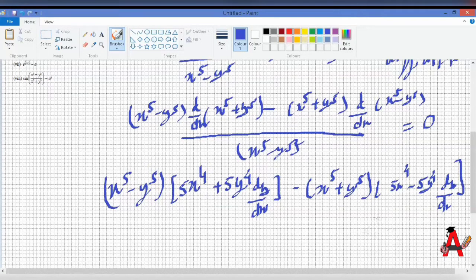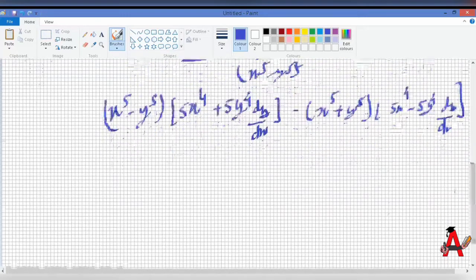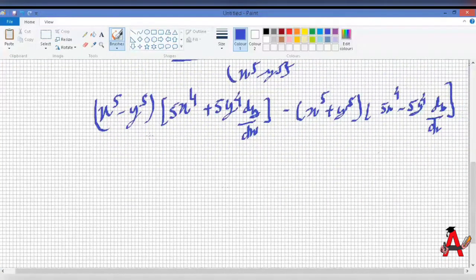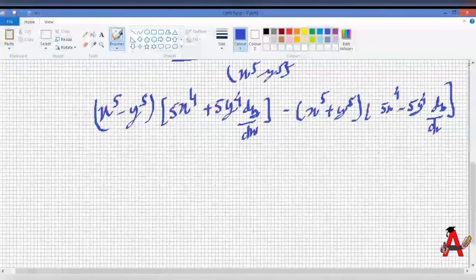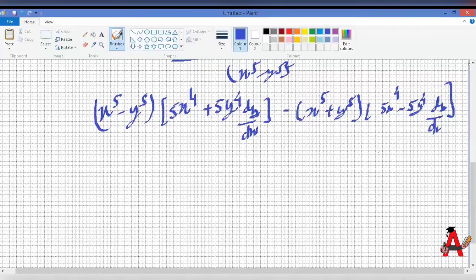What we need to do now is multiply and then take dy by dx common. You will have to multiply this term with both the terms. Instead of dy by dx, I am writing y dash now.